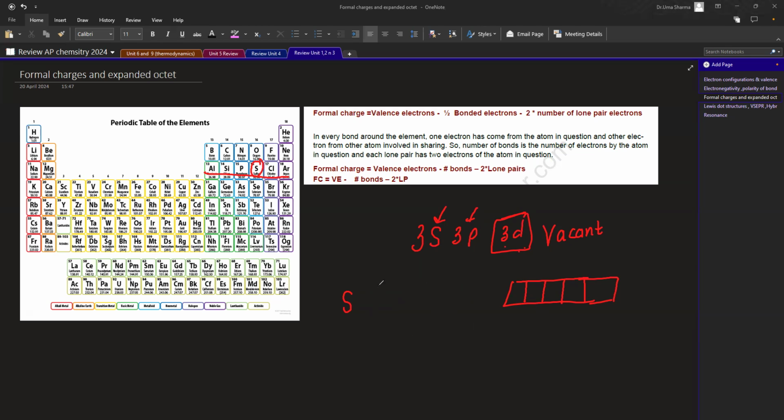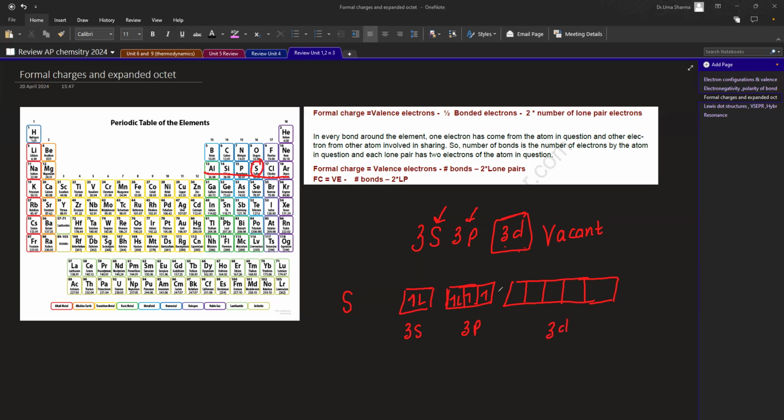It can have an expanded octet. So children, I'm showing you sulfur can make maximum 6 bonds. How? This is 3s filled like this, one up, one down. This is 3p, one up, one down, like this. This is how we have to fill electrons, showing the spins up and down. Okay, now this is empty 3d.